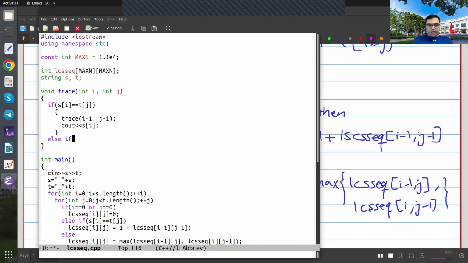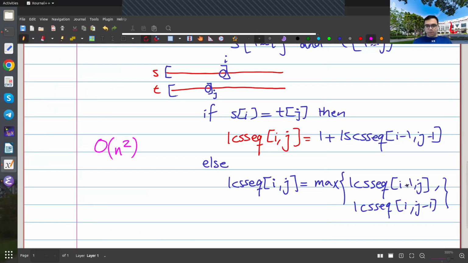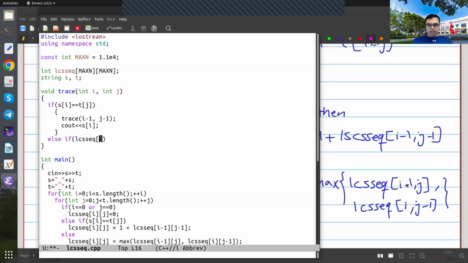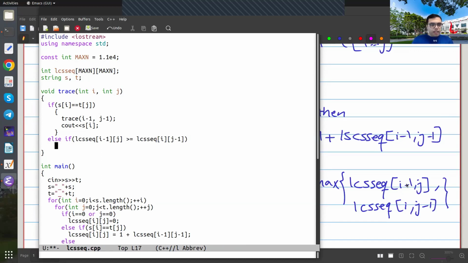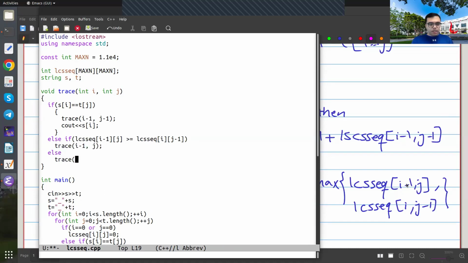If LCS of I minus 1, j was bigger than LCS of i, j minus 1, then trace this bigger one, trace I minus 1, j. Otherwise, trace i, j minus 1.